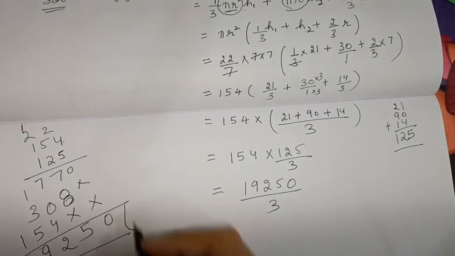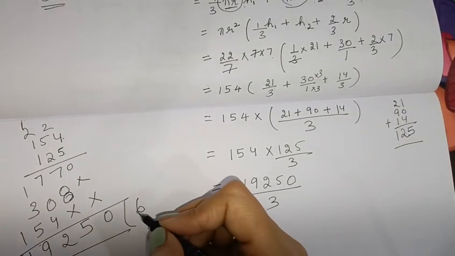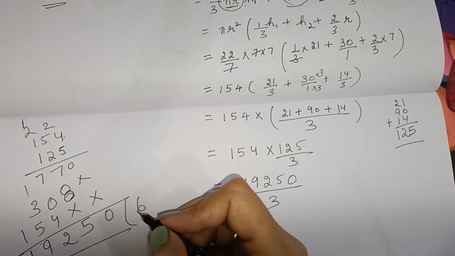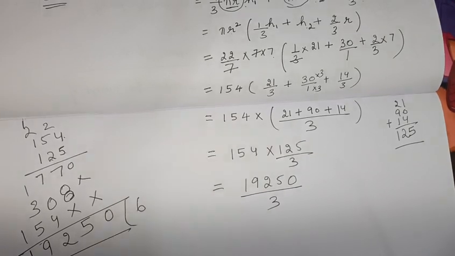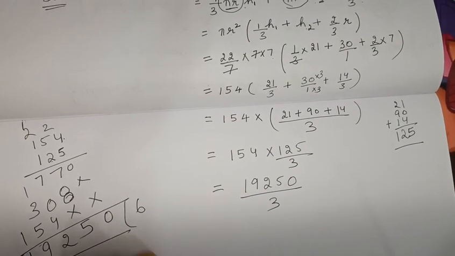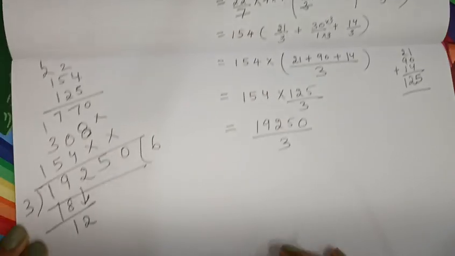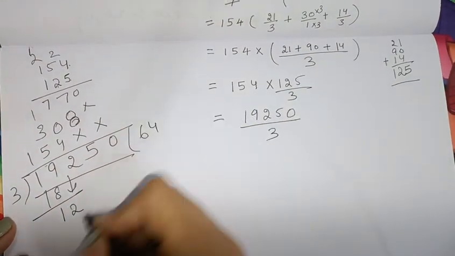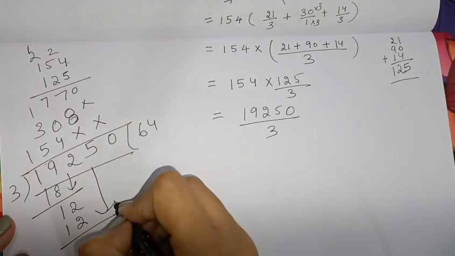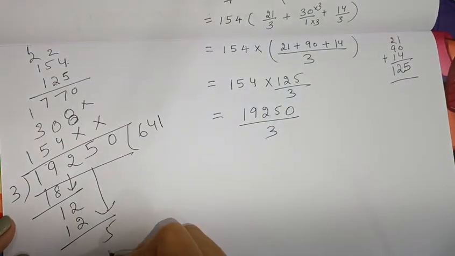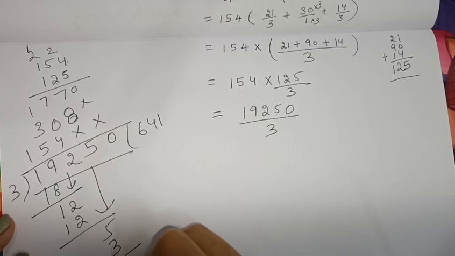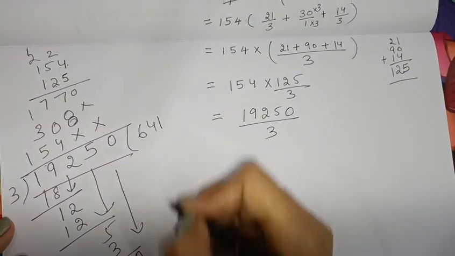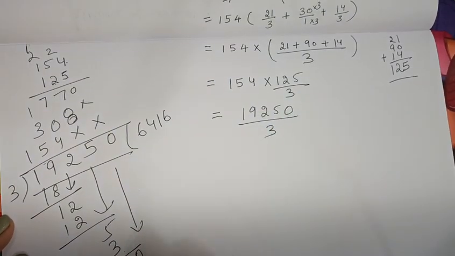Let's do that also. 3 into 6 is 18. See, full calculation I am solving like this only you have to do. 3 into 4 is 12. Then 5. 3 into 1 is 3. 20. 3 into 6 is 18.